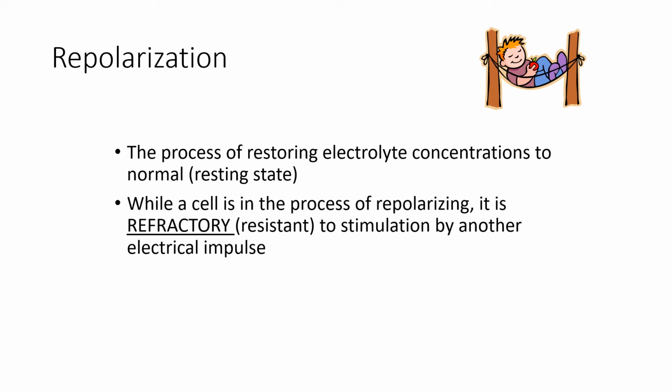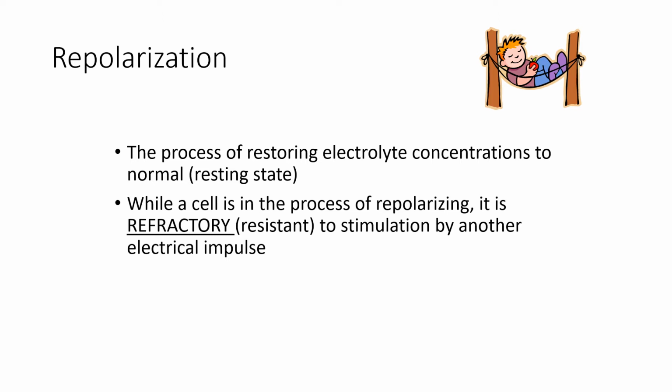Then once the cell has completed depolarization, the cell will go back to its original resting state, and the electrolytes will go back to their original position. So sodium and calcium will leave the cell, where the channels open up. Potassium will come back into the cell.